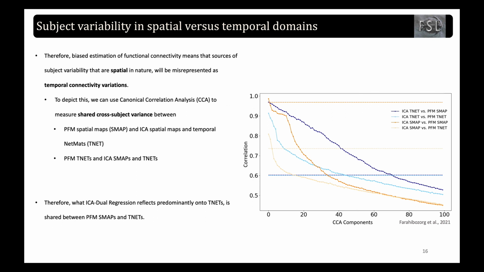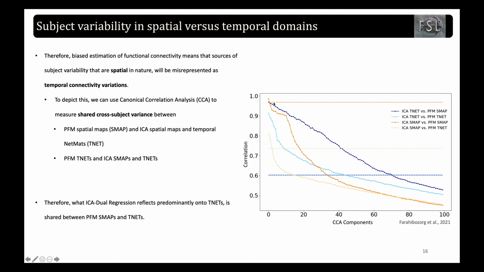This slide summarizes that a little bit more. This is using canonical correlation analysis, or CCA, which is a way of looking at the similarity between a feature set on the one hand side and a feature set on the other side. And higher correlations here mean that there's more shared information between those feature sets.